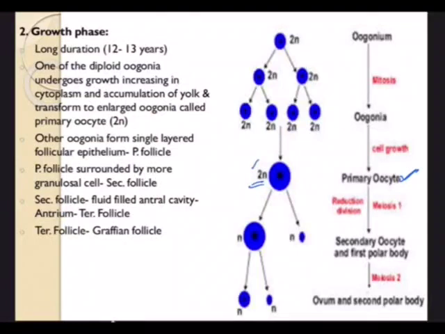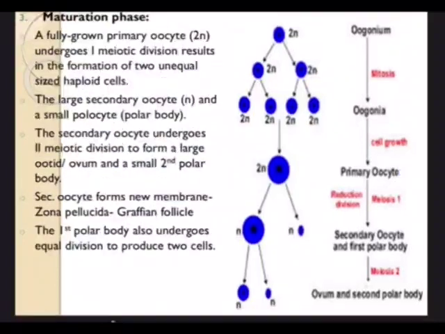The other oogonia form a single layered follicle, that is the primary follicle, and further layers form the secondary follicle and tertiary follicle, and finally the matured one, the Graafian follicle. The Graafian follicle finally gets released, and the secondary oocyte or functional ovum gets released.